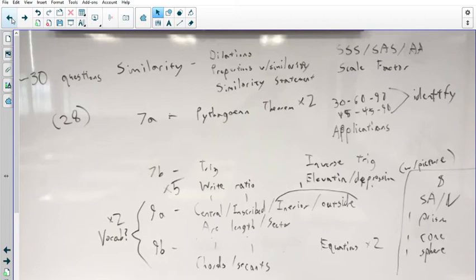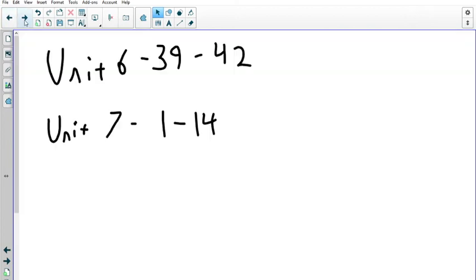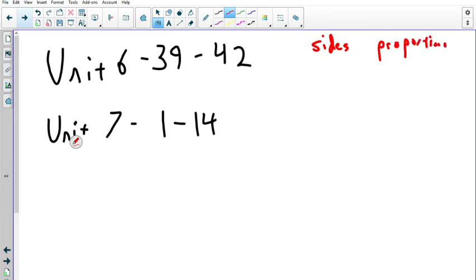And then we have side-side-side, side-angle-side, and angle-angle. You should expect 1 or 2 questions with these. Remember, the big thing is that sides need to be proportional and angles need to be congruent.